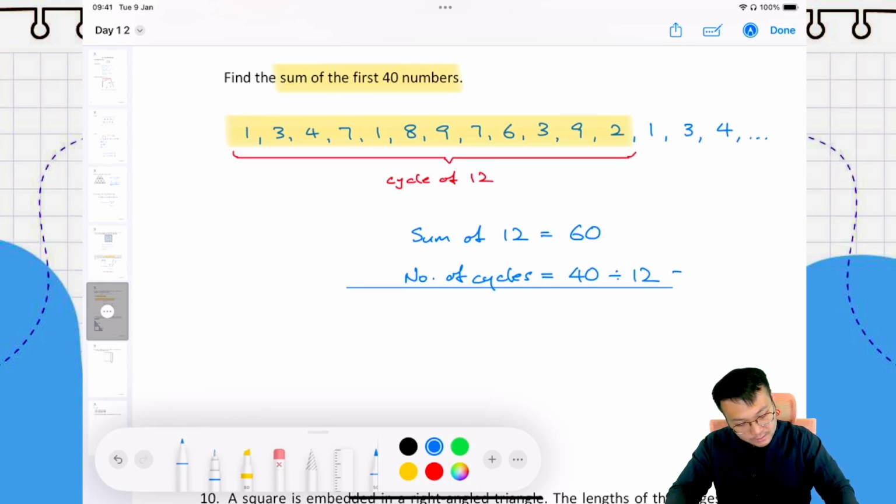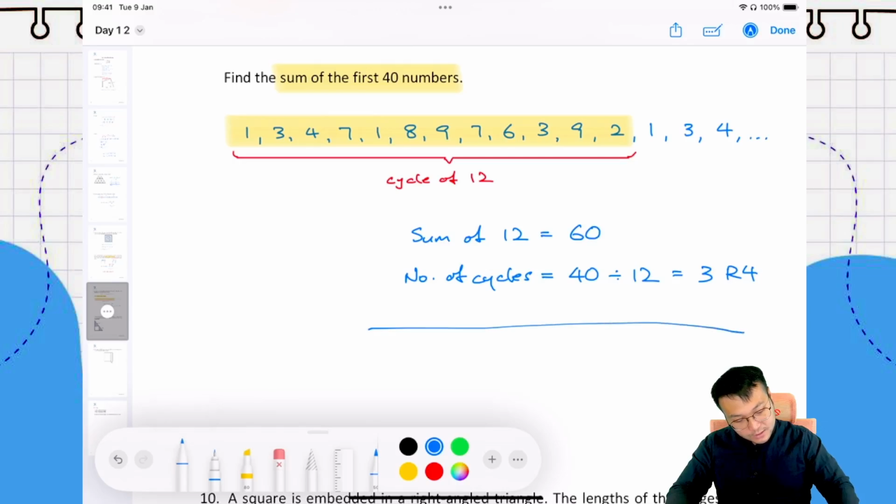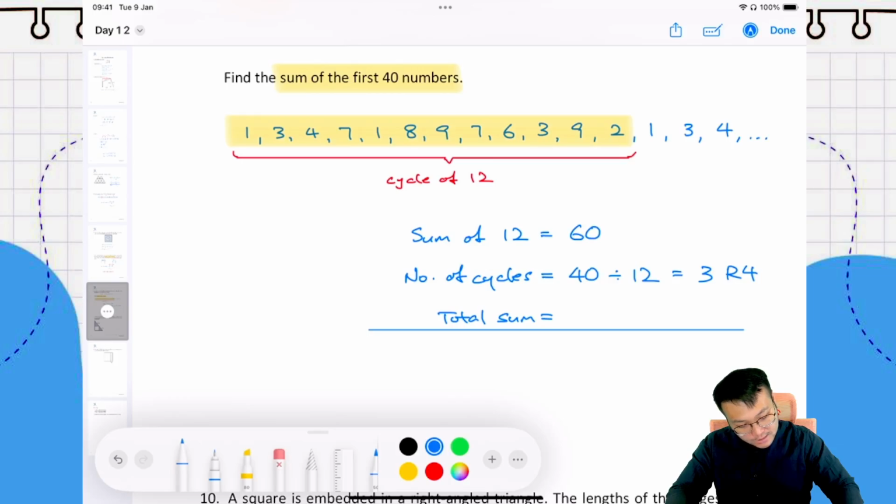So you will get 3 cycles, but you have 4 numbers left over. So therefore, what's the total sum? Each cycle of 12 numbers add up to 60.